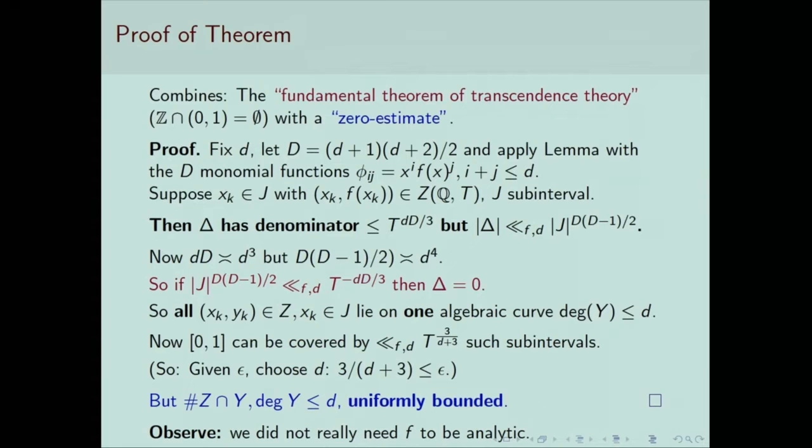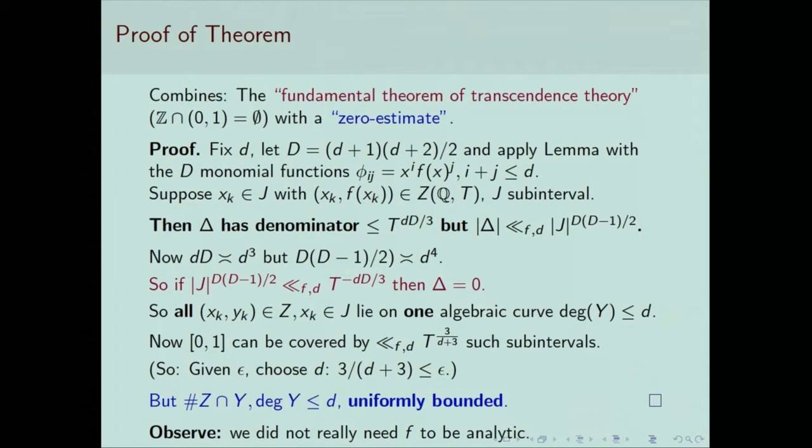Because there are d+1 monomials of each degree d, and you just add those up. On the other hand, the physical size of Δ by the lemma is bounded by some constant depending on f and d and all the derivatives up to order D−1, times the width of the interval to the D(D−1)/2.